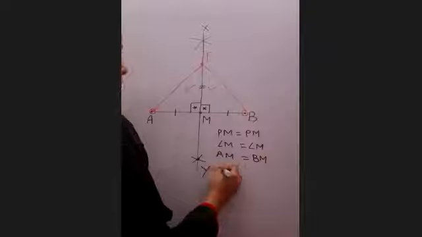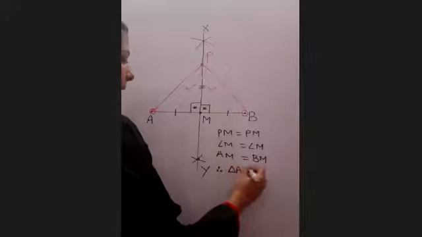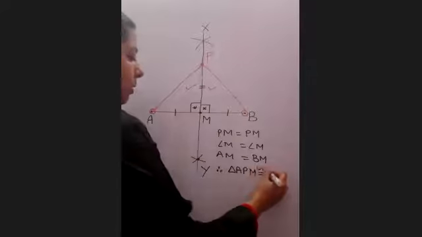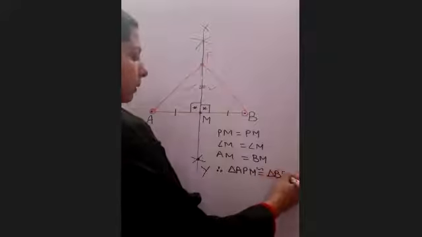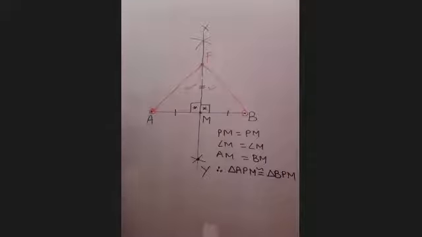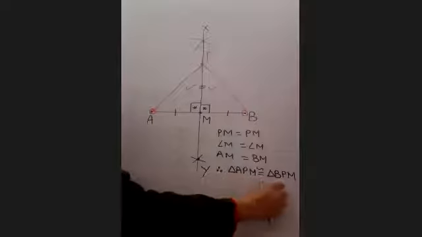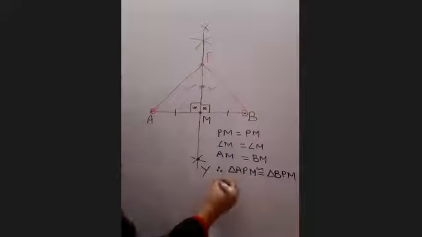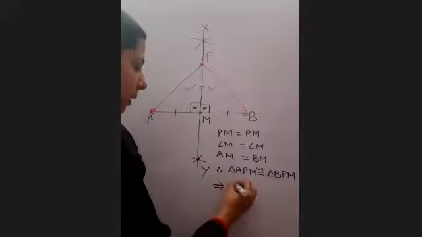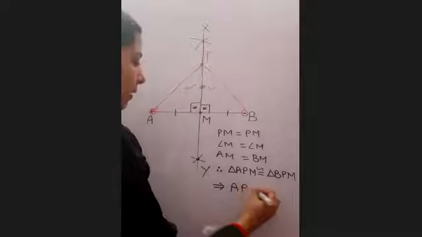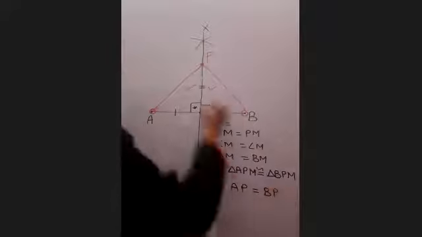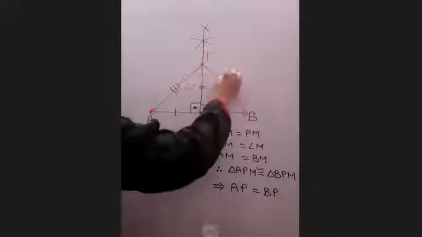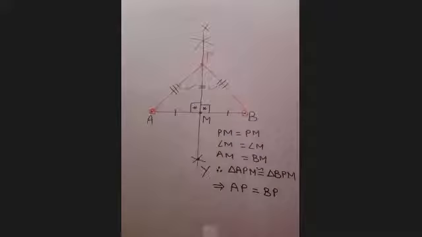And therefore, triangle APM is congruent to triangle BPM. These two triangles are congruent. Do I get AP equal to BP by CPCT?